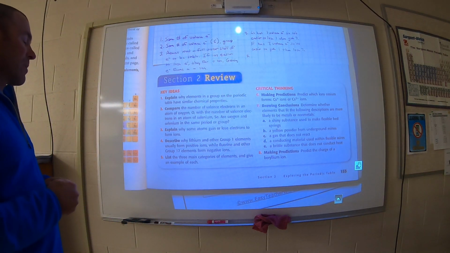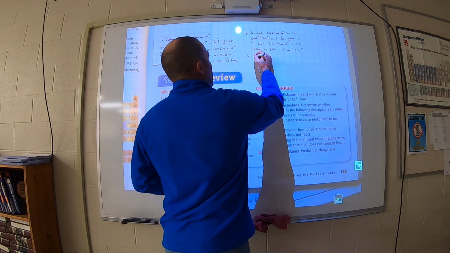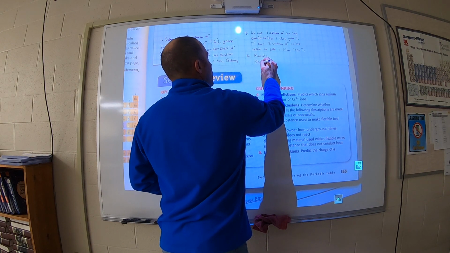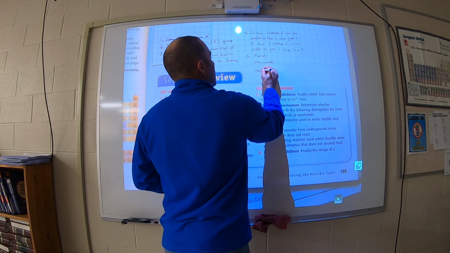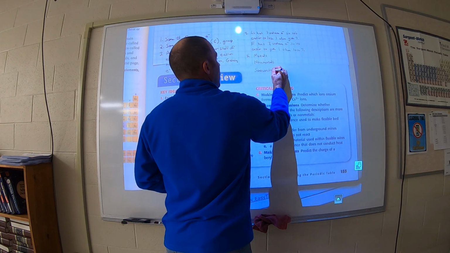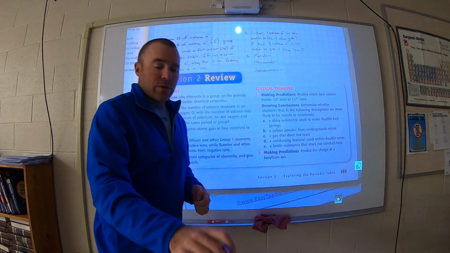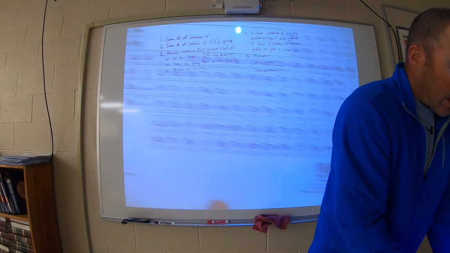Number 5, list the 3 main categories of elements and give an example of each. The 3 main categories are metals, nonmetals, and semiconductors. And so let's give an example of each of those. A metal would be anything to the left of the stair-step line.